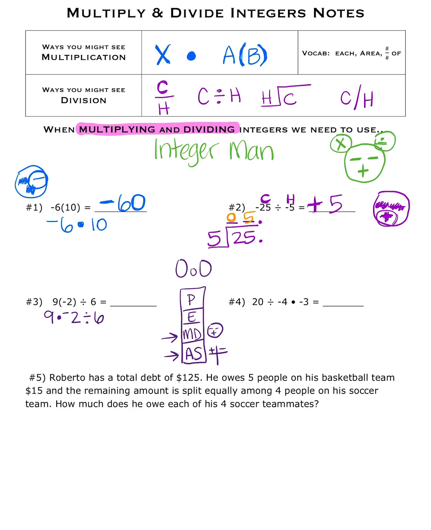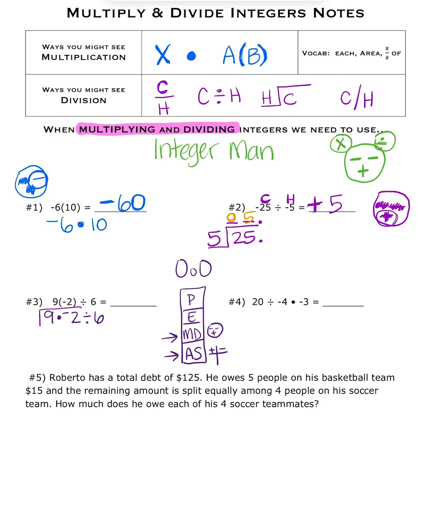And I'm just rewriting that because it's not really a parentheses, it is multiplication. So just like up here when we wrote different ways to see multiplication, that parentheses is one of them. Anytime there is a number right in front of your parentheses. So just like order of operations, we are going to box it and bring it down.